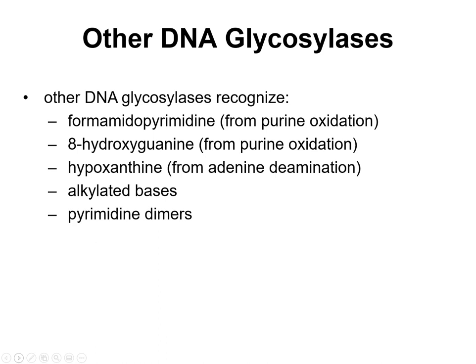So by using a different base, you now can detect spontaneous deamination. And we'll talk more about that in class. There are other DNA glycosylases that recognize other forms of damage, other lesions: purine oxidation, adenine deamination, alkylated bases, pyrimidine dimers, all kinds of things.